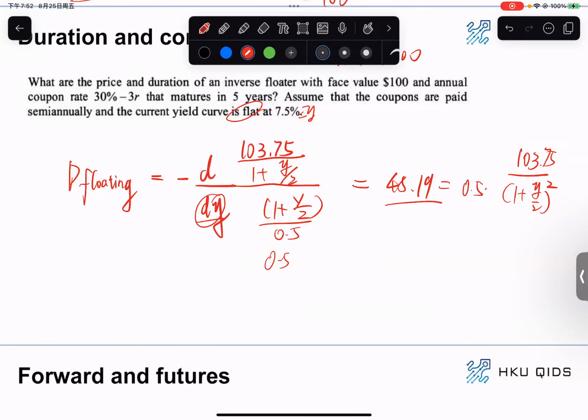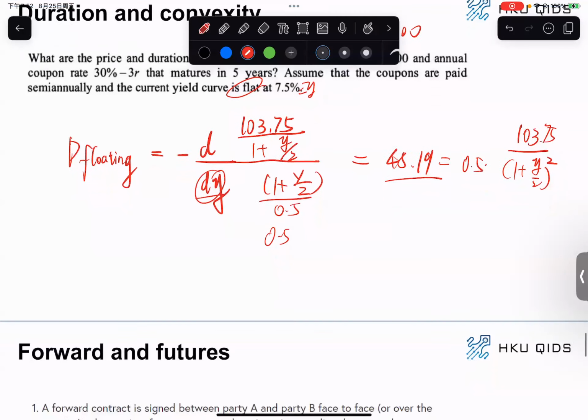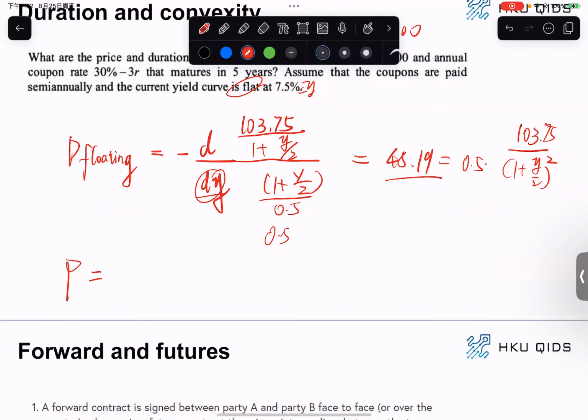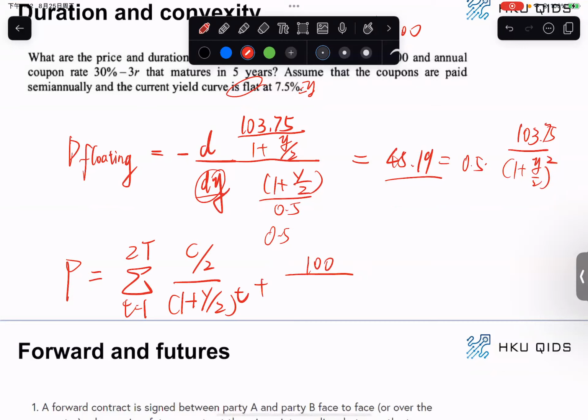And how about the fixed rate bond? For a fixed rate bond, please recall your university level knowledge, which is, because it's semi-annual, we have 2t, where t equals 1. And it is going to be c divided by 2, which is the coupon rate divided by 2, over 1 plus y over 2 to the power 2t, right? And plus the face value payment, which is 100 over 1 plus y divided by 2 to the power 2t.